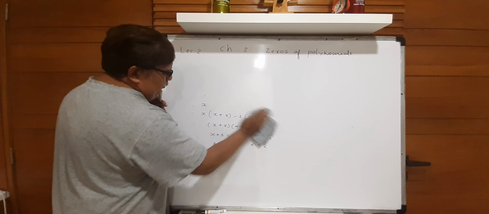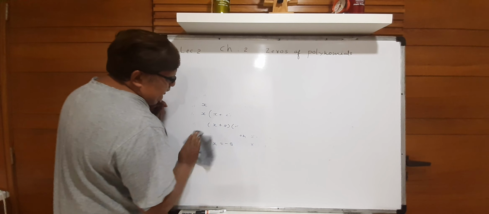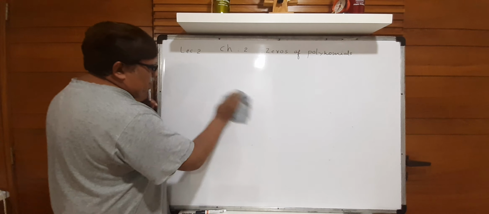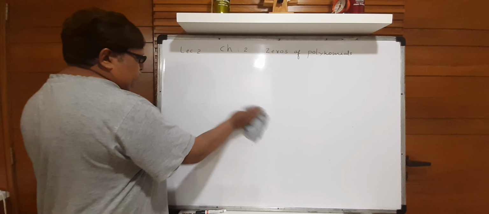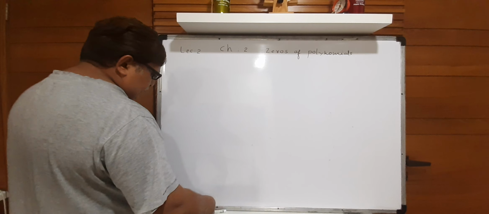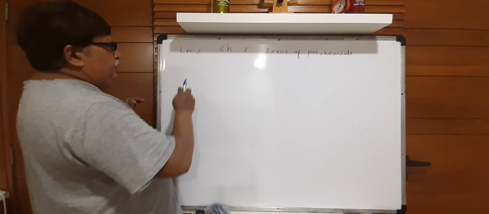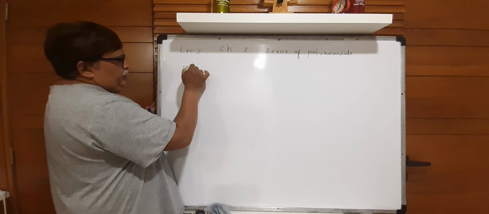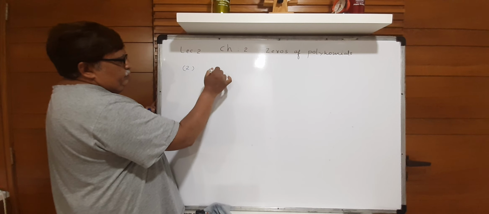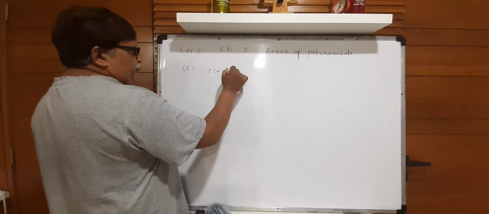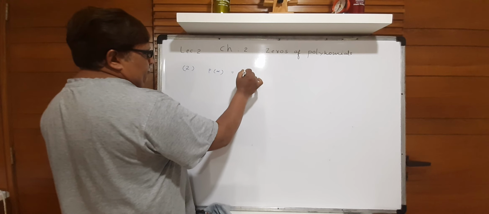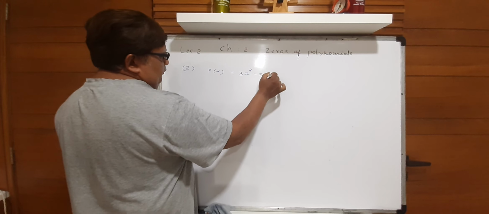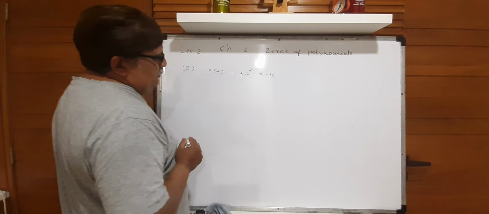First one we have solved, that is regarding quadratic polynomial. Okay? Now suppose another example we take. Let me take the second example, p of x equal to, suppose you are given like this, 3x square minus x minus 10.